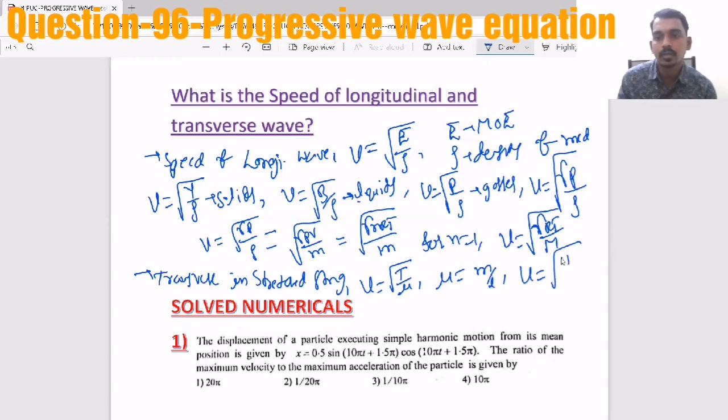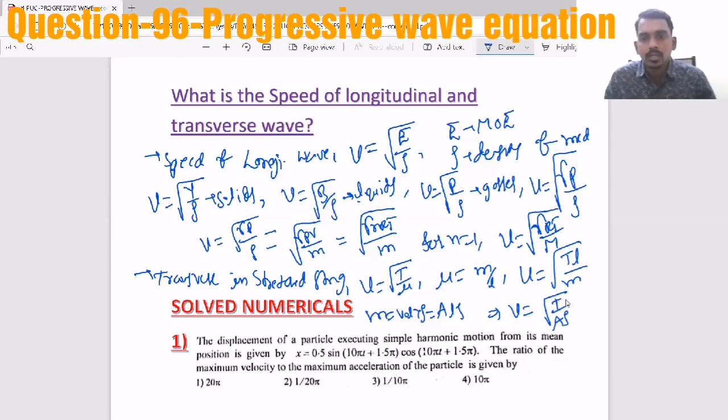So the speed will become root of TL by m, or mass equal to volume into density, A L rho, which implies the speed also becomes under root T by A rho. So these are the formulas for the speed of a longitudinal wave, nothing but a sound wave, and the speed of a transverse wave, nothing but a transverse wave in a stretched string. So remember all these formulas, they can ask questions.